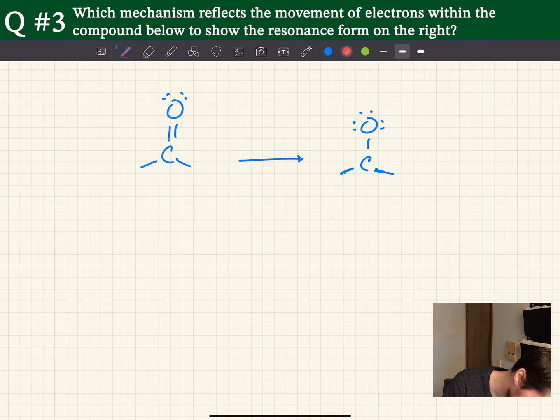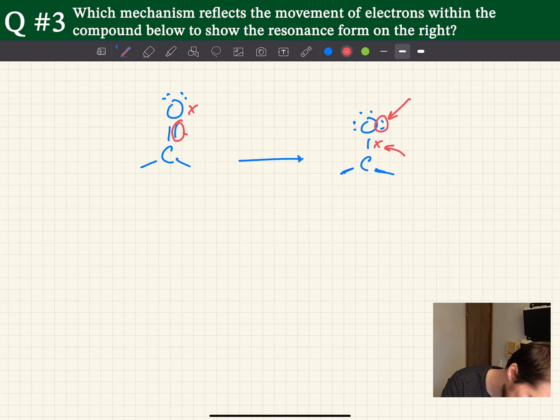So on the left, we have a pi bond, where on the right, it is gone. On the left, there is no extra lone pair up here, but it's right here. So really, if we just evaluate the left and the right, I can see, oh, this lone pair is brand new, and we lost something here.